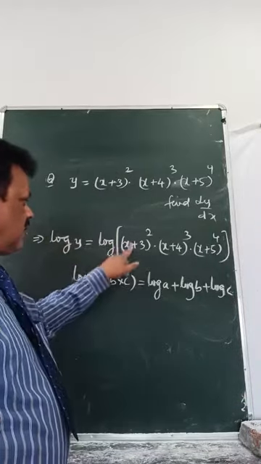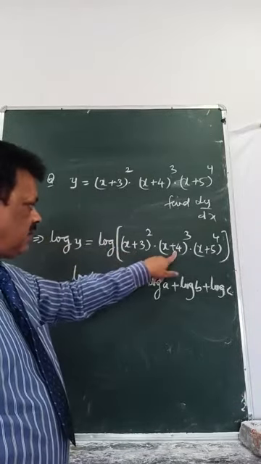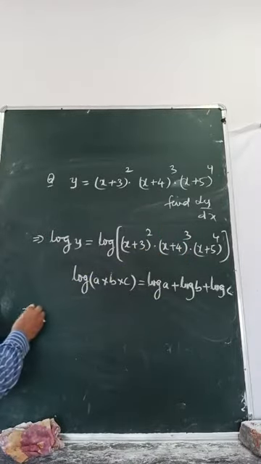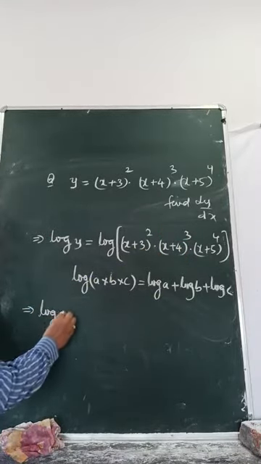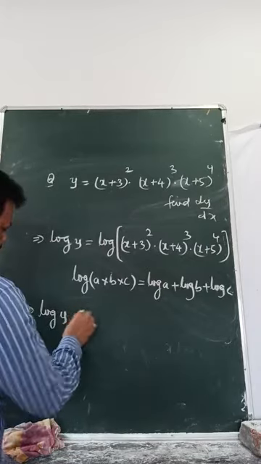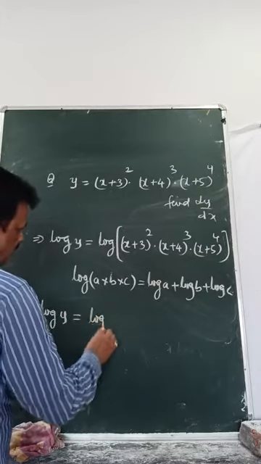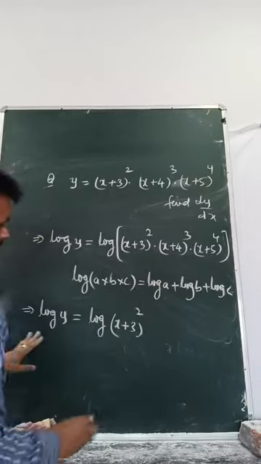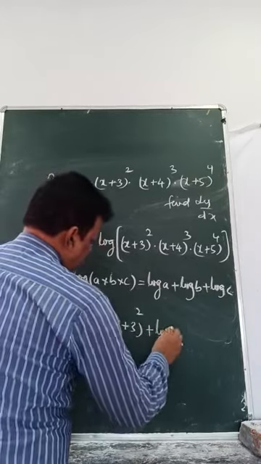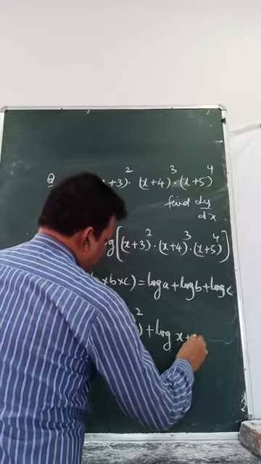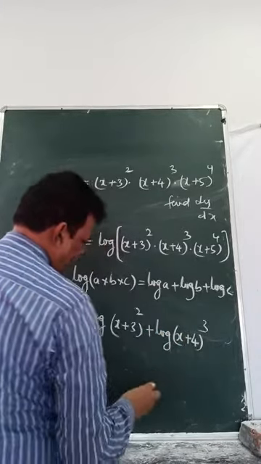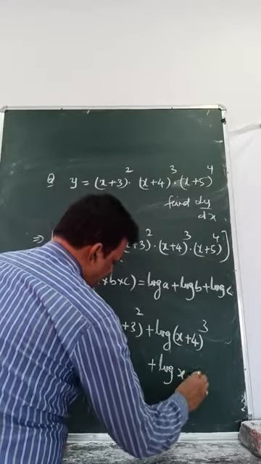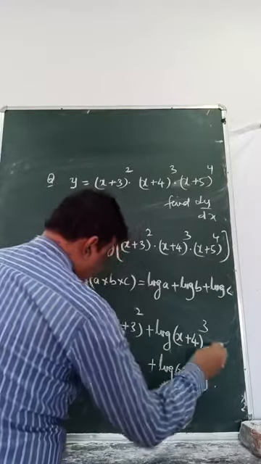That means you are getting log y equals log x plus 3 power 2 plus log x plus 4 power 3 plus log x plus 5 power 4.